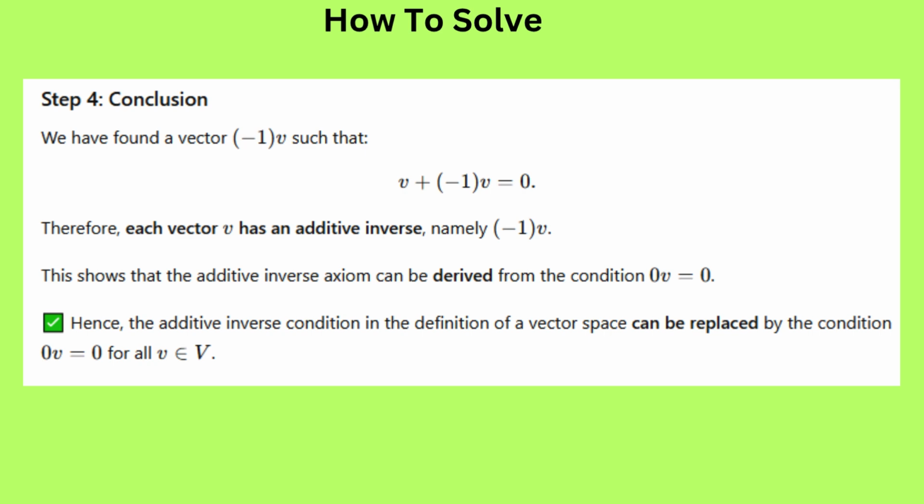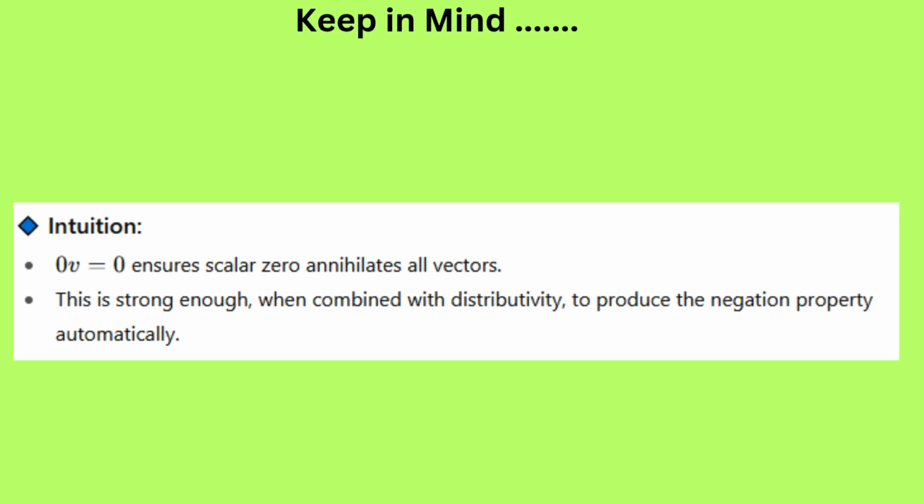Keep in mind, intuitively, 0v equals 0 ensures that the scalar 0 annihilates all vectors. This is strong enough, when combined with distributivity, to produce the negation property automatically.